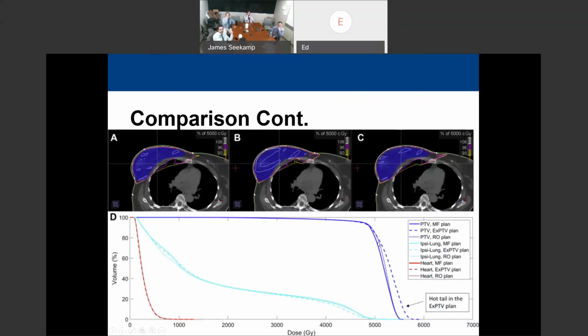If you look at the DVH, which is really the more meaningful part here, MF is the manual flash, the EXPTB is the virtual bolus, and the RO is the robust optimization. You can see that the manual flash actually looks like it has the best curve. These are all normalized to 95% receiving prescription dose.